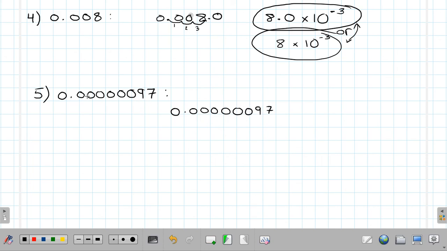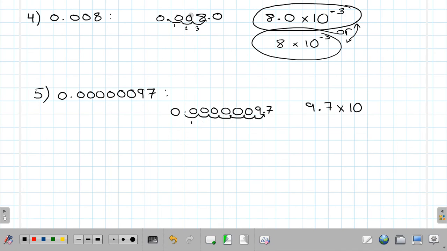So in this case, the first non-zero number you see is the 9. That means we want to move the decimal place to where it would be in between the 9 and the 7. That would give us the number 9.7 times 10. And how many places did we move the decimal place?